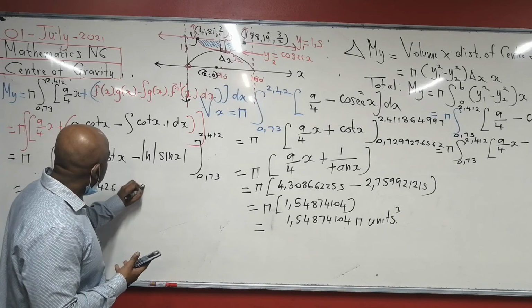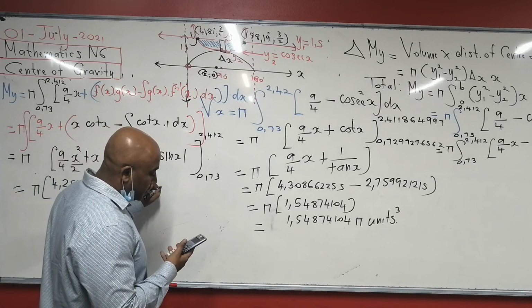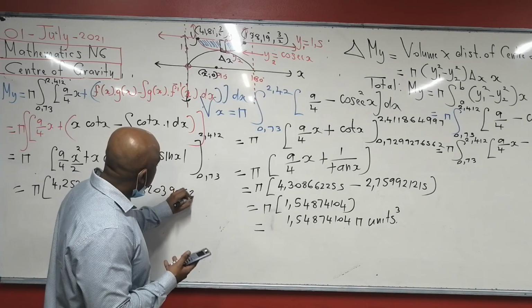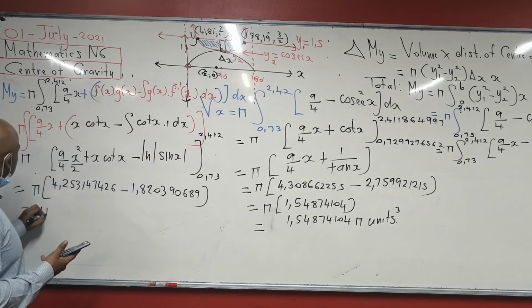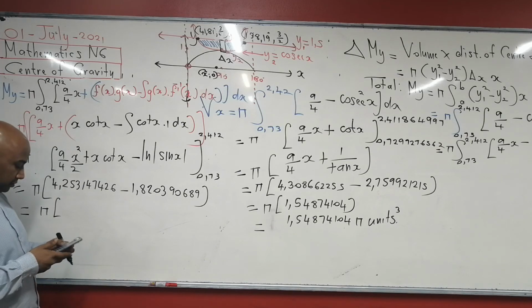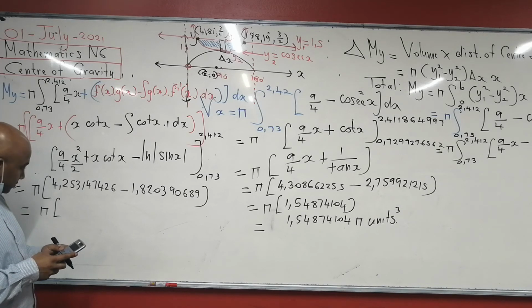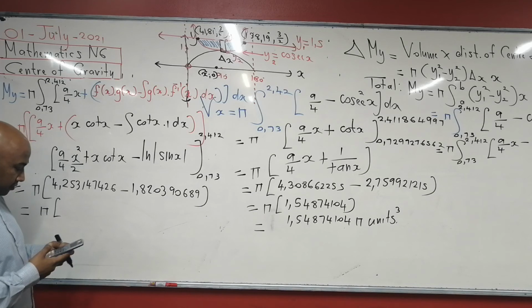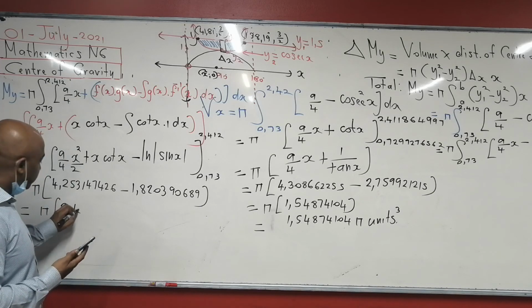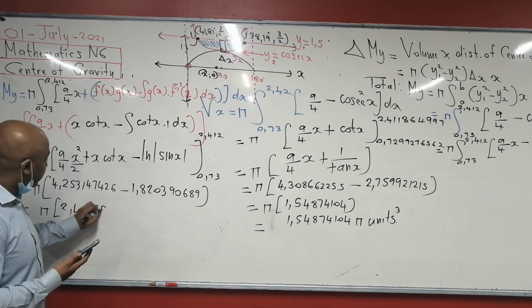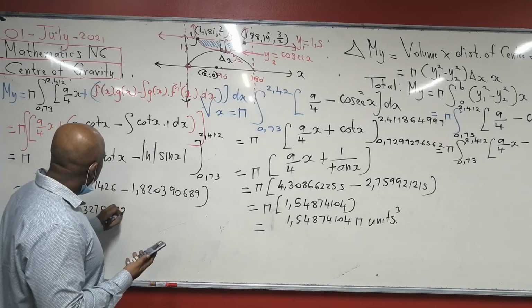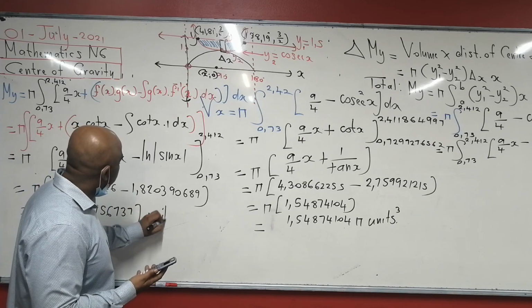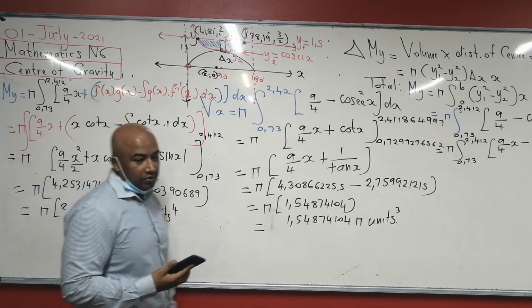So I'm getting 1.820390689 and, in the end, we get 2.432756737, and this is units to the power 4.